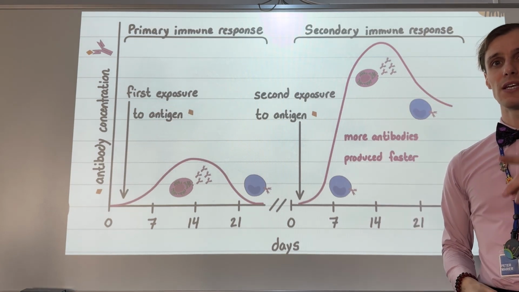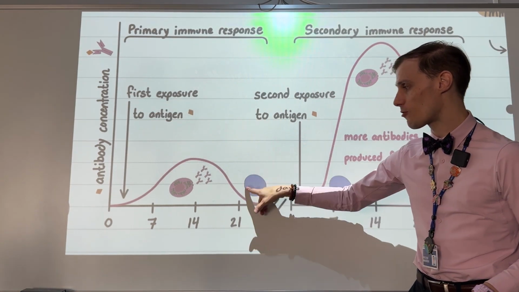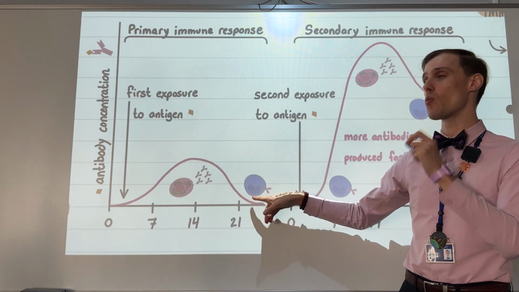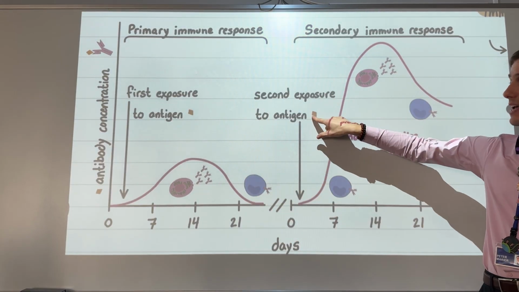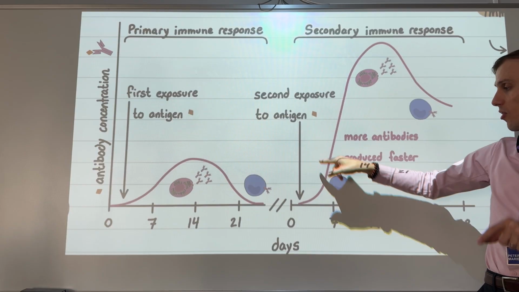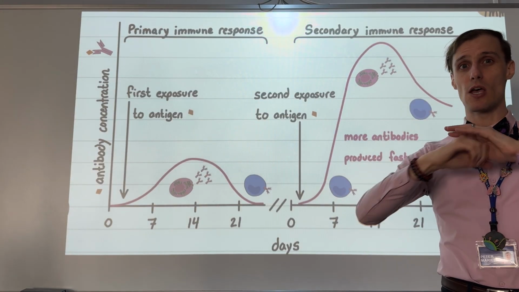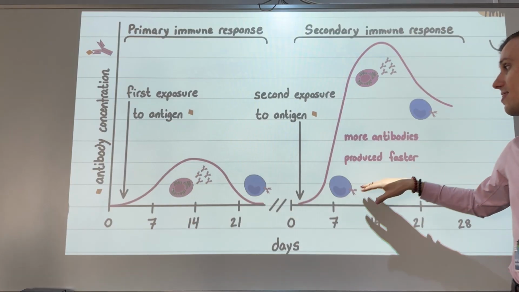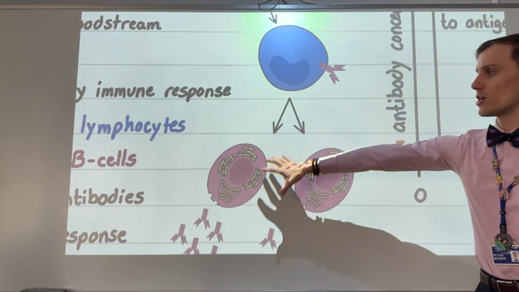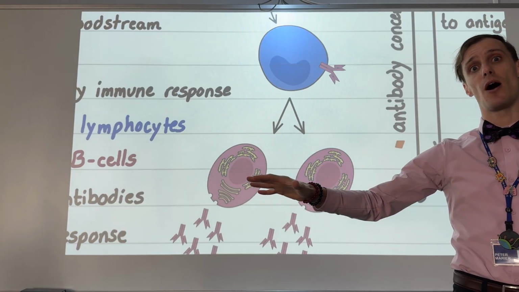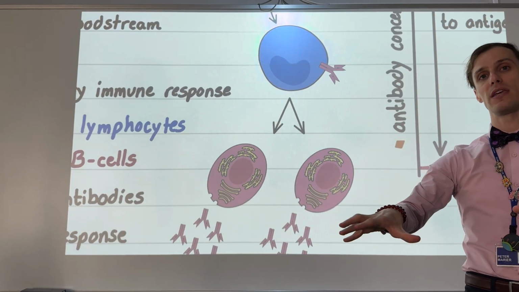Well, if this person is immune, that means they've retained this memory cell. So if this immune person were to encounter the same antigen again, then these memory cells that have been retained are able to respond far faster, and they will immediately differentiate into plasma cells and produce a ton of these antibodies to immediately quell the infection.